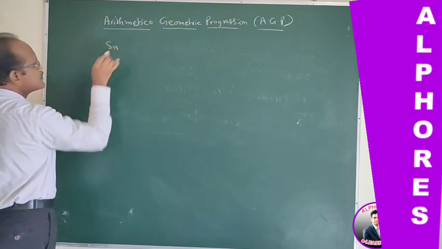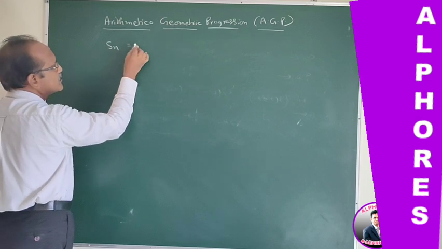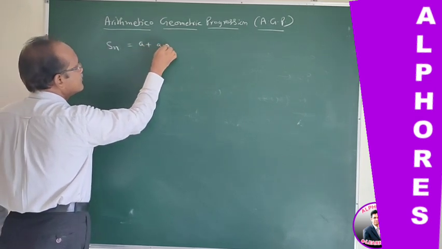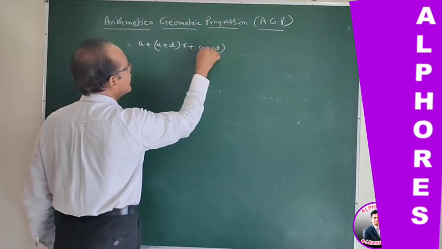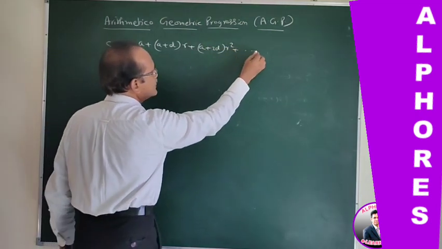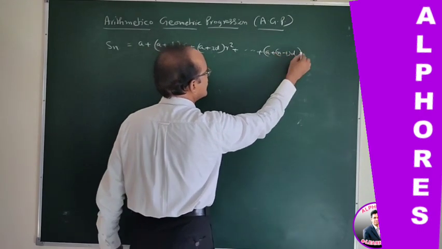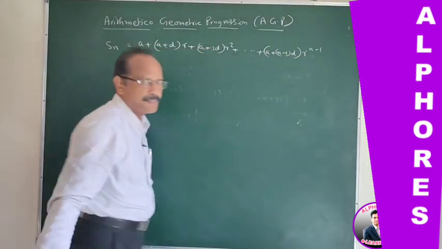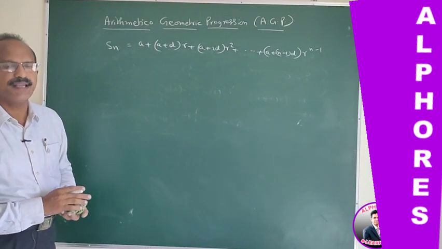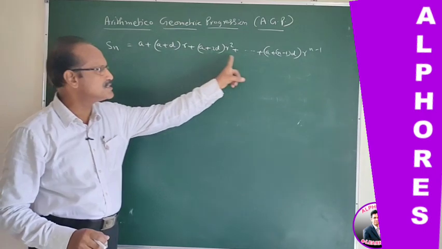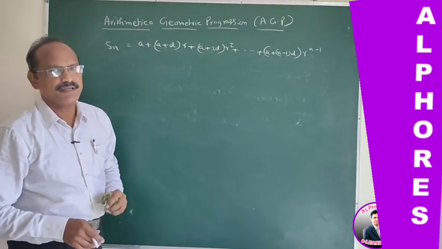Let Sn be the sum: a plus (a plus d) into r plus (a plus 2d) into r square plus so on, up to a plus n minus 1 into d into r power n minus 1. This is an AGP series. Now we are going to calculate the sum to n terms of this AGP series.